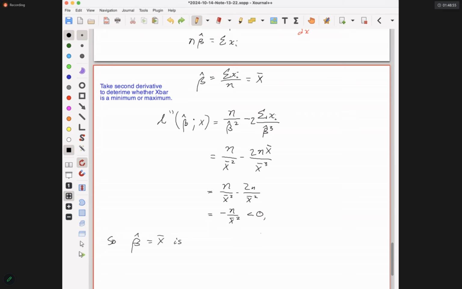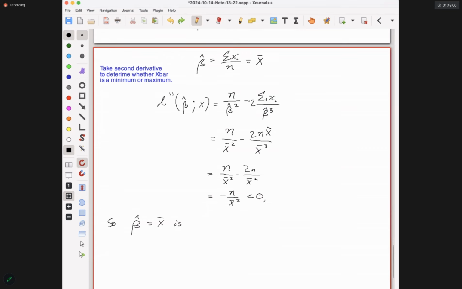Because we're looking for the maximum likelihood estimator, so the value that maximizes the likelihood.